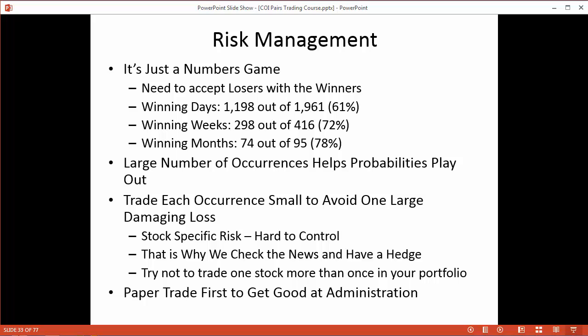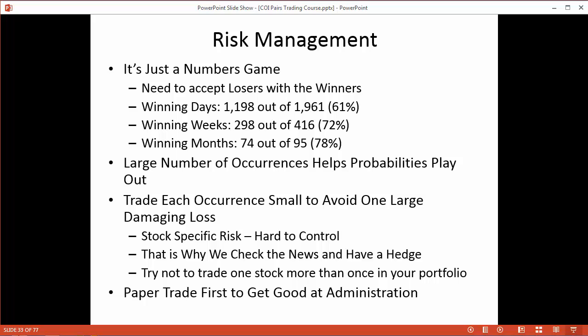In other words, if I was just doing a pairs trade, like let's say once every other week, the chances of me having 78% winning months isn't that great. So pairs trading is pretty low risk, so we want to try to do as many occurrences as we can so that we can achieve the probabilities that we're expecting.